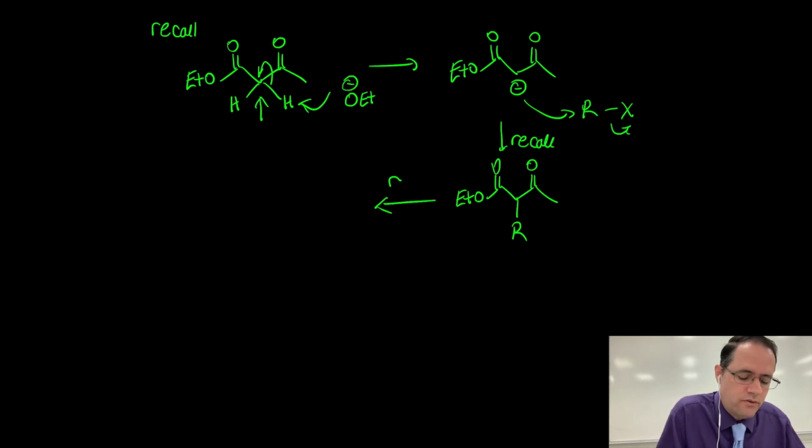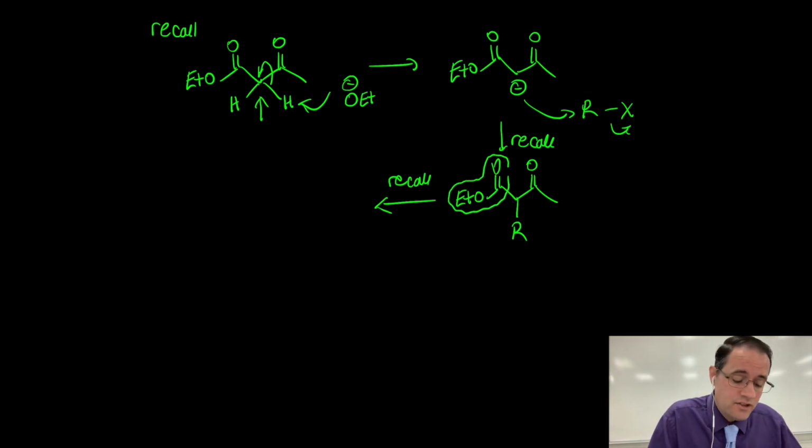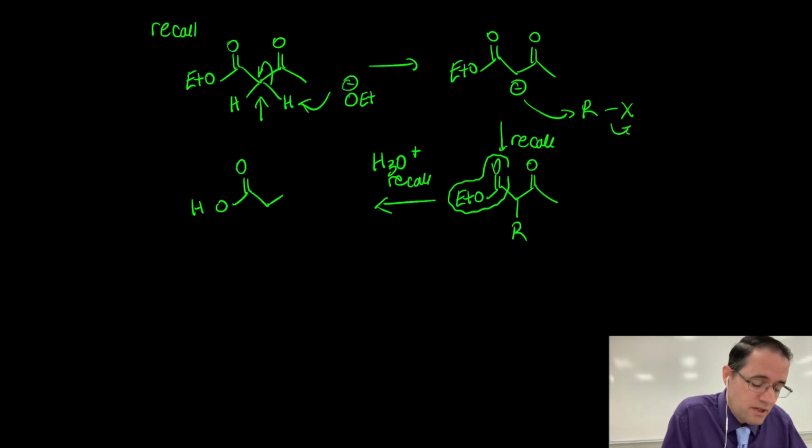As usual, recall that an ester right here on the left can be hydrolyzed with water and an acid. We just write H3O plus. So that's going to make the carboxylic acid, okay?